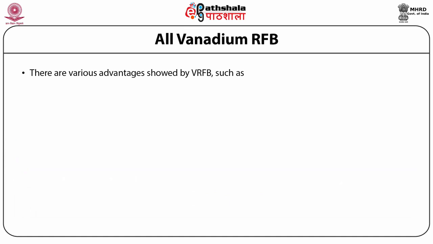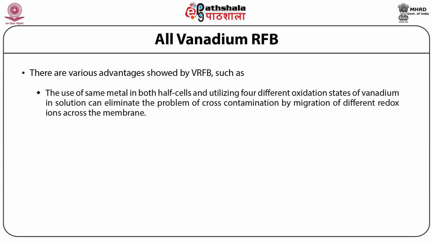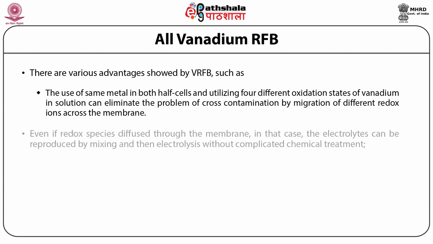There are various advantages showed by VRFB such as, first, the use of same metal in both half cells and utilizing 4 different oxidation states of vanadium in solution can eliminate the problem of cross-contamination by migration of different redox ions across the membrane. Even if redox species diffused through the membrane, in that case the electrolytes can be reproduced by mixing and then electrolysis without complicated chemical treatment.